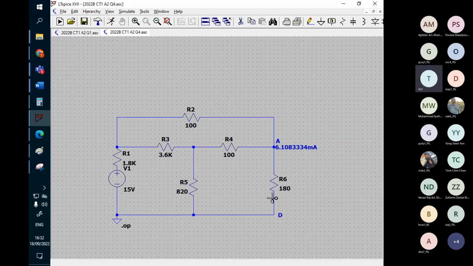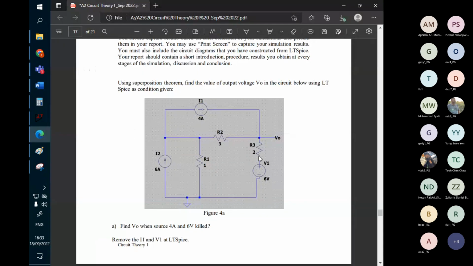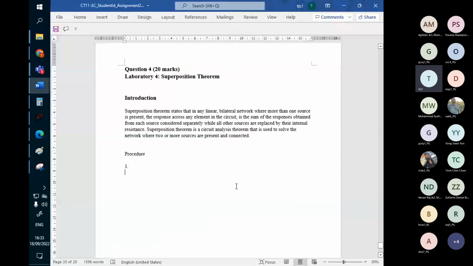I think I just go ahead and remove all these resistors and leave the last ones. Okay, remove everything here. Leave how many do we need? 1, 2, 3. Okay, never mind.